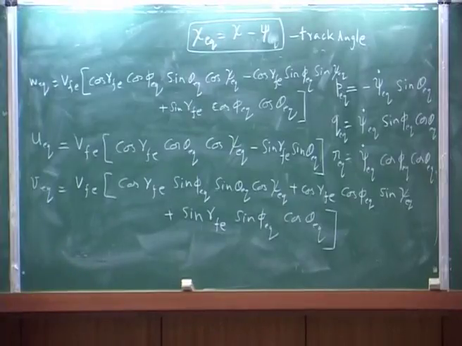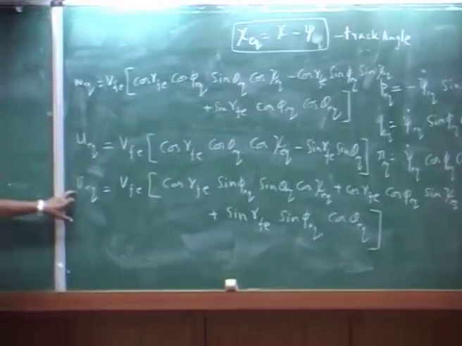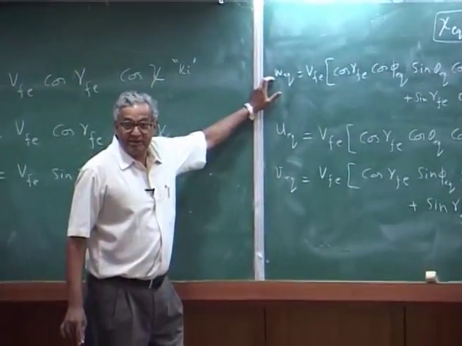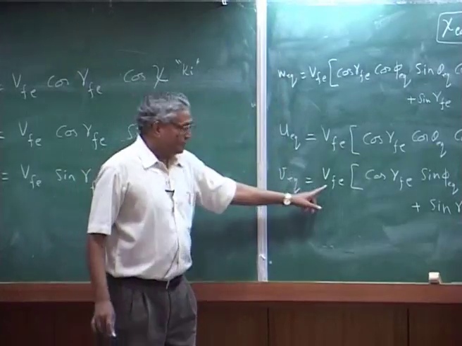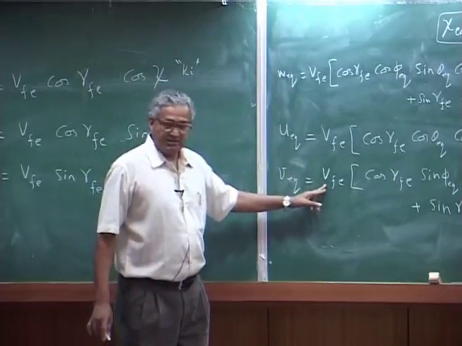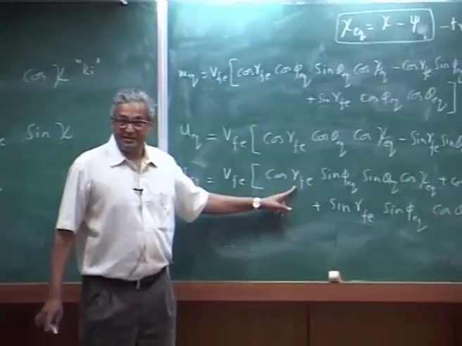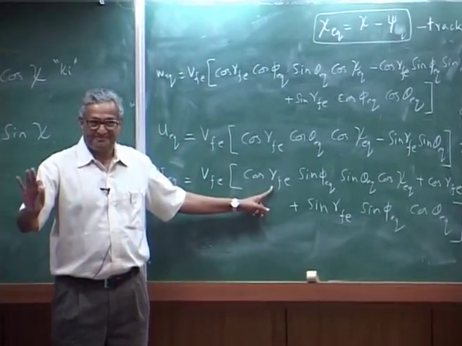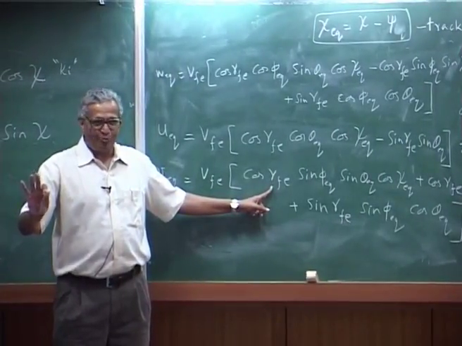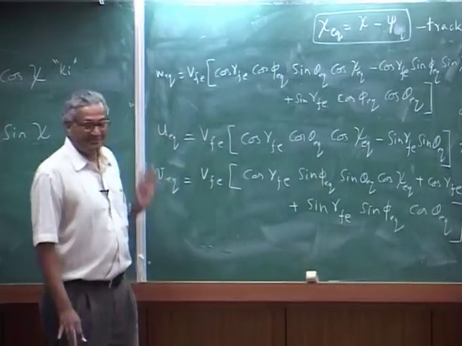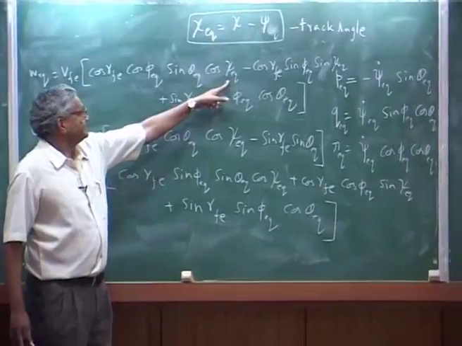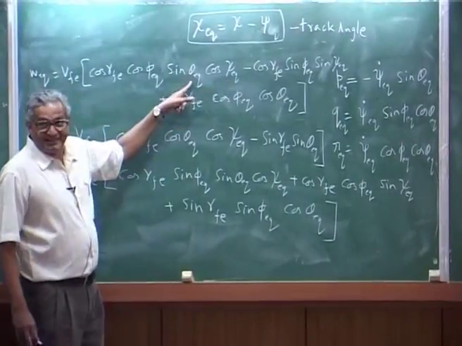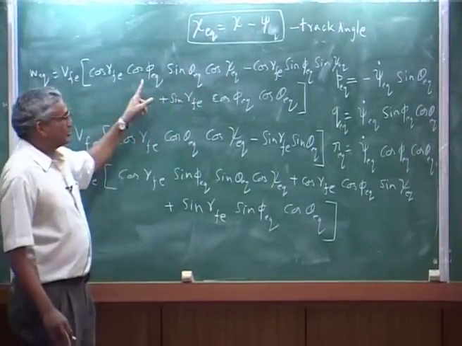Now, you see, for me to get UE, VE, W equilibrium quantities, I know the flight path, the velocity I know, the flight path angle is given. Okay. What I do not know in this is, I do not know chi, I do not know theta, I do not know phi.